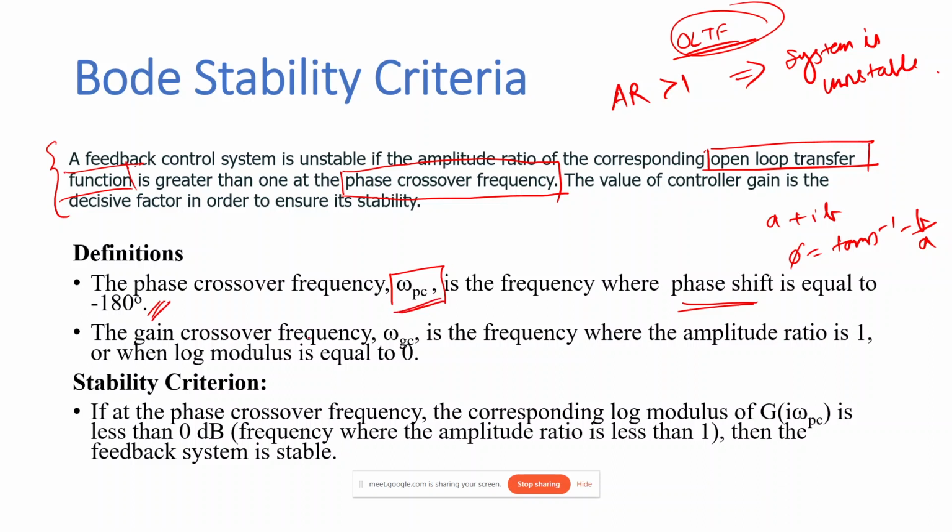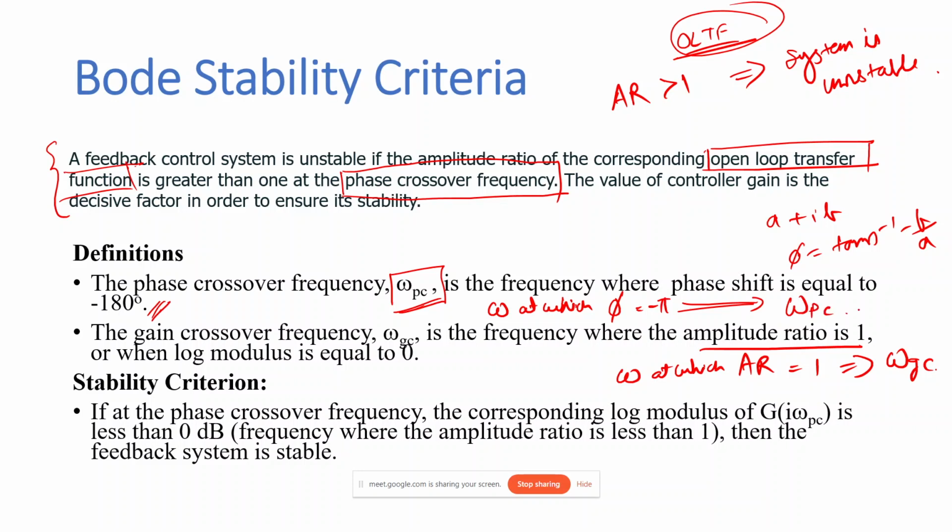Similarly, we define the gain crossover frequency omega gc, and it is the frequency at which the amplitude ratio is 1. So the frequency omega at which the amplitude ratio equals 1 is known as the gain crossover frequency, and the omega at which the phase shift, which we define by phi, is equal to minus 180 degrees or minus pi, we call the phase crossover frequency, that is omega pc.